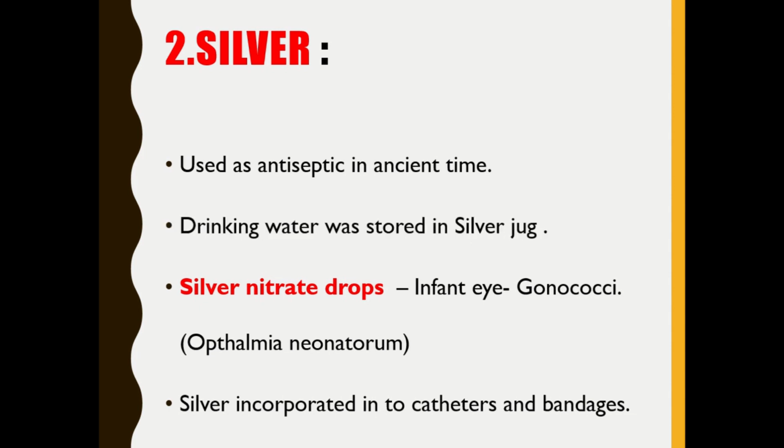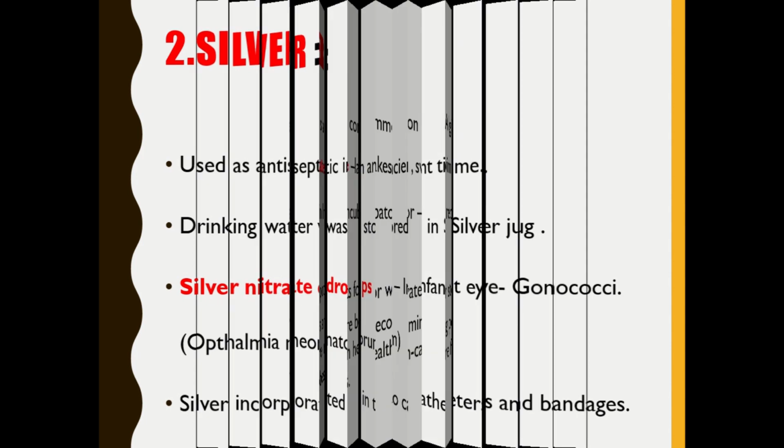These were in common use. One of the compounds, silver nitrate drops, was used for the infant eye, mainly to prevent ophthalmia neonatorum caused by the organism known as gonococci. Silver is incorporated into catheters and bandages to inhibit the growth of bacteria.